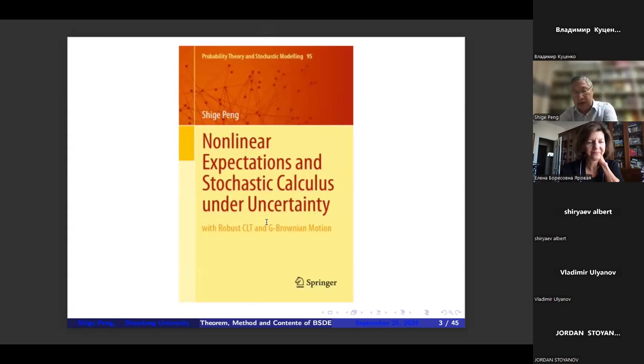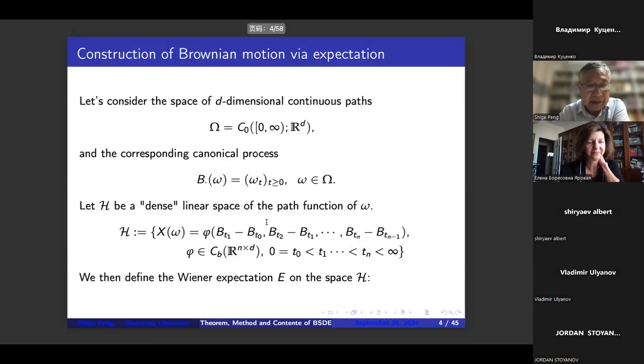We have the book which gives a systematic discussion about this and emphasizes the sublinearity. Let us think about the case of classical Brownian motion.